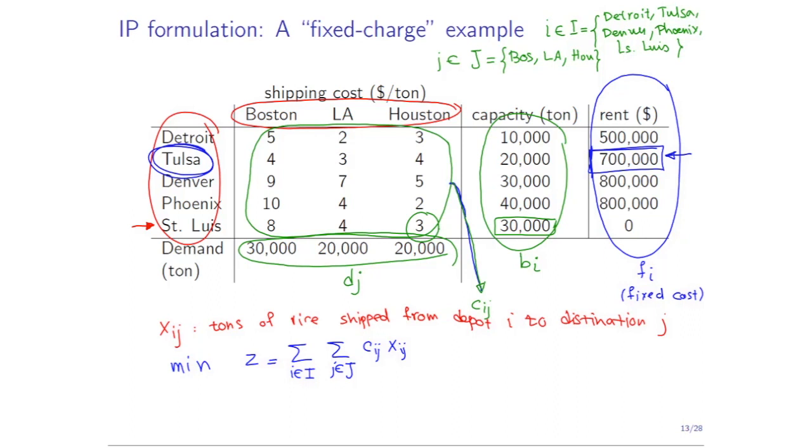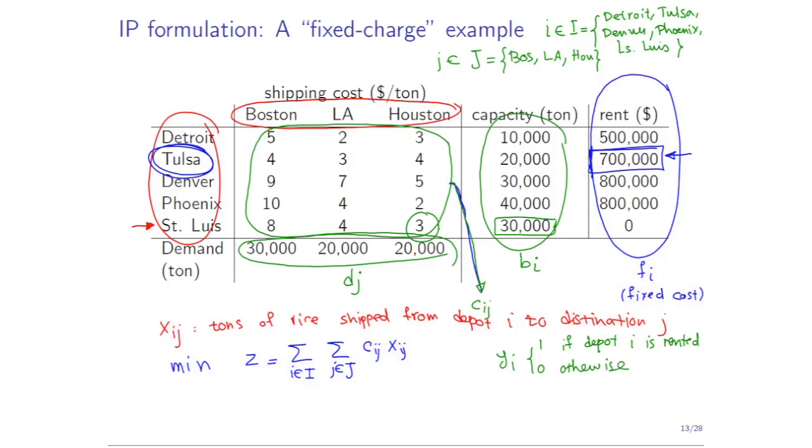So I introduce a new set of variable, call it yi. It's a binary variable, and it takes a value 1 if depot I is rented, otherwise 0.